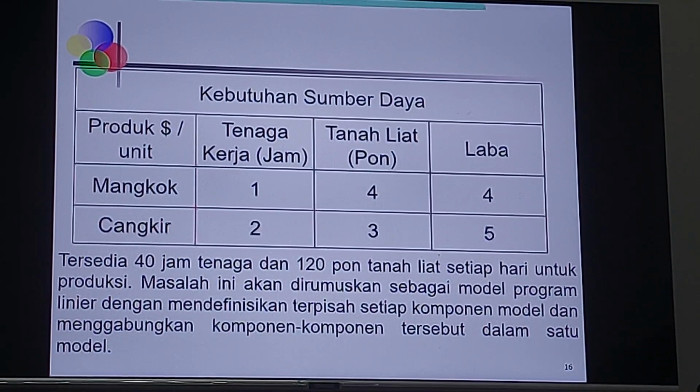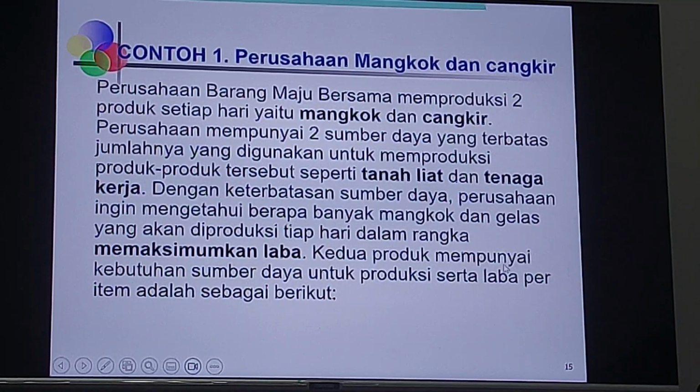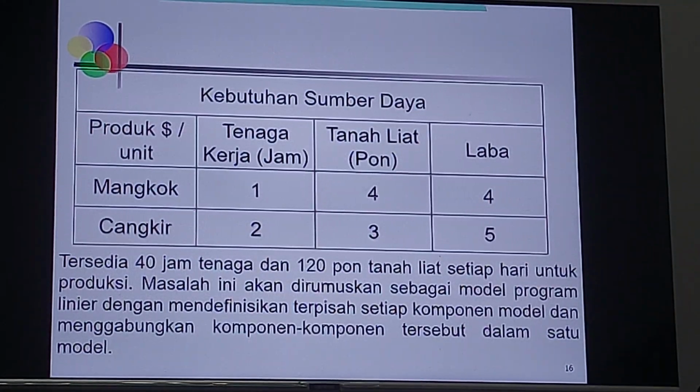Now let's see what variables we have. Definitely the variable is the one that we are looking for. The company is looking for how many we should make. How many should we make? Bowls and cups. So that's definitely the variable.